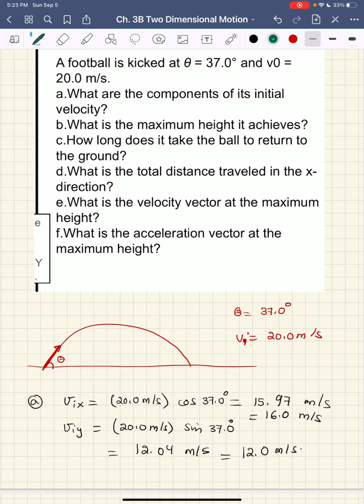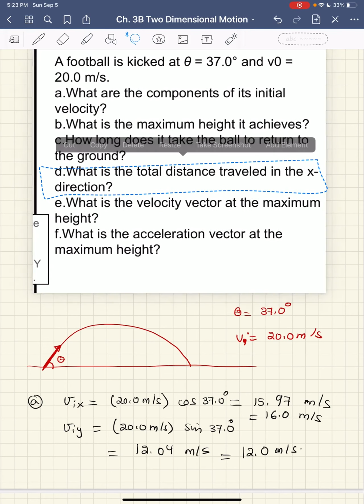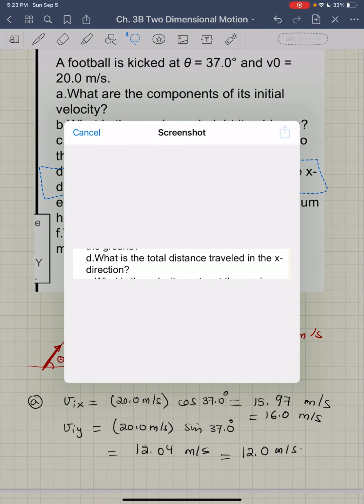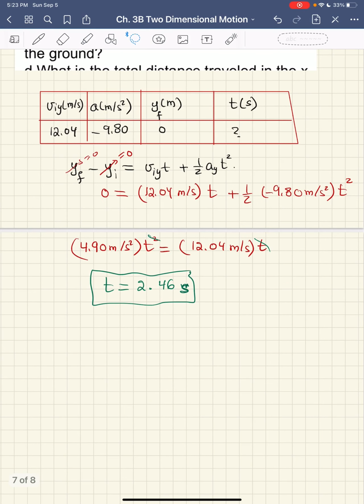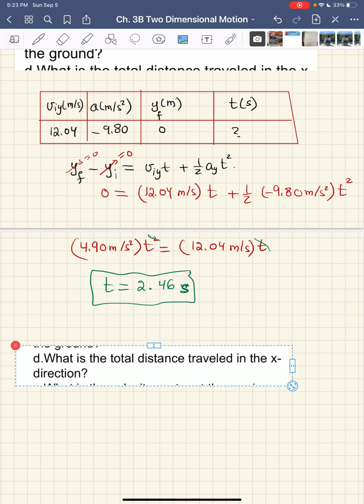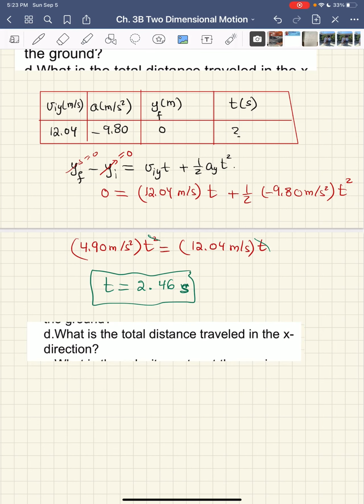Now, what is the total distance traveled? Okay, here, let me take a screenshot of this question. What is the total distance it traveled in the x direction? Of course, this is the easiest question.